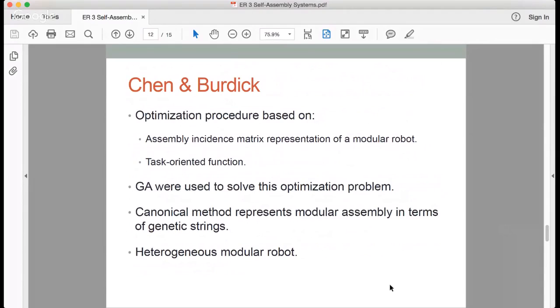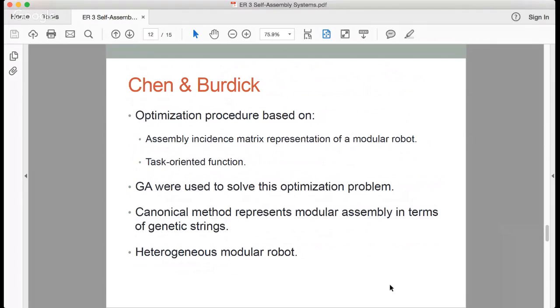So now we're going to talk about a system proposed by Chen and Burdick in 1995, where they tackled the problem of finding an optimal module assembly configuration for a specific task.